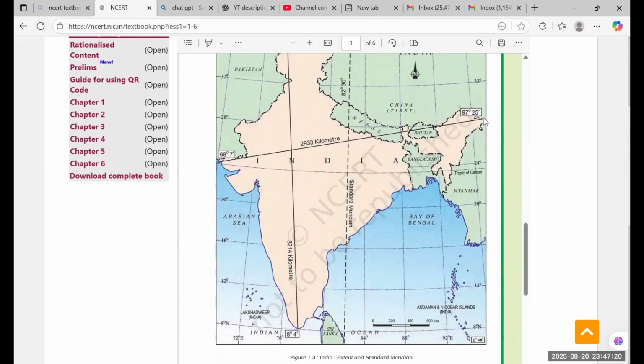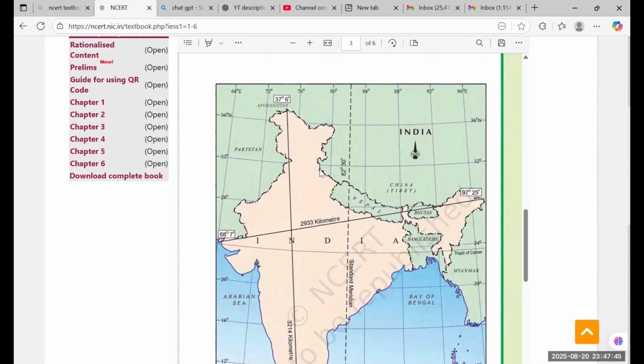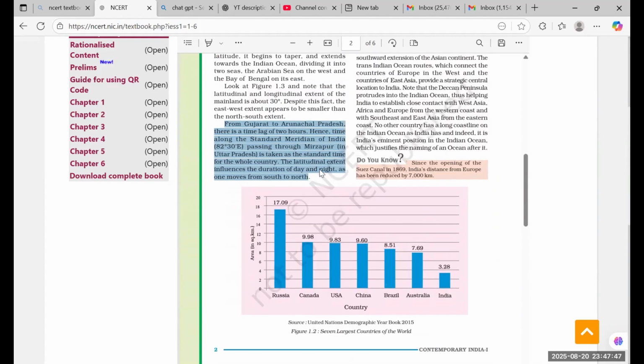From the easternmost point of India, that is Arunachal Pradesh, and then reaching the westernmost point in Gujarat, that is 68°7' east longitude, we see that there is a difference of 30 degrees longitude, which actually converts into a 2 hours difference in terms of the sunrise.